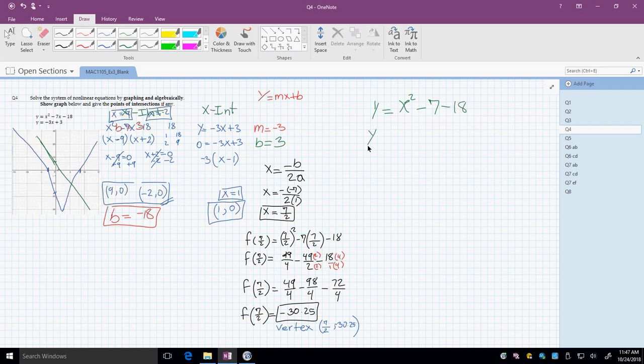And the other equation is y equals negative 3x plus 3. So I will write first my negative 3x plus 3, and I say that that is equal to, because I'm substituting this y by this, x squared minus 7x minus 18.